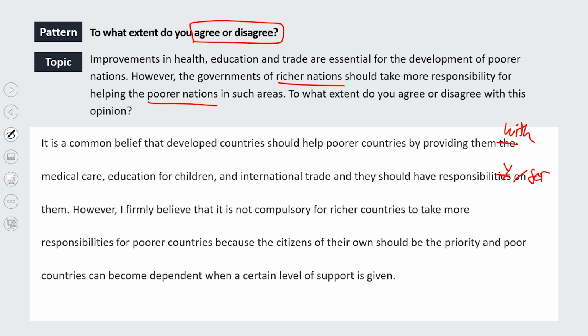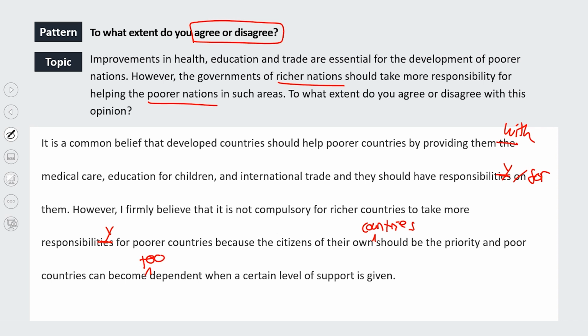However, I firmly believe that it is not compulsory for richer countries to take more responsibility, so it should be singular, for poorer countries, because the citizens of their own countries should be the priority, and poor countries can become too dependent when a certain level of support is given.